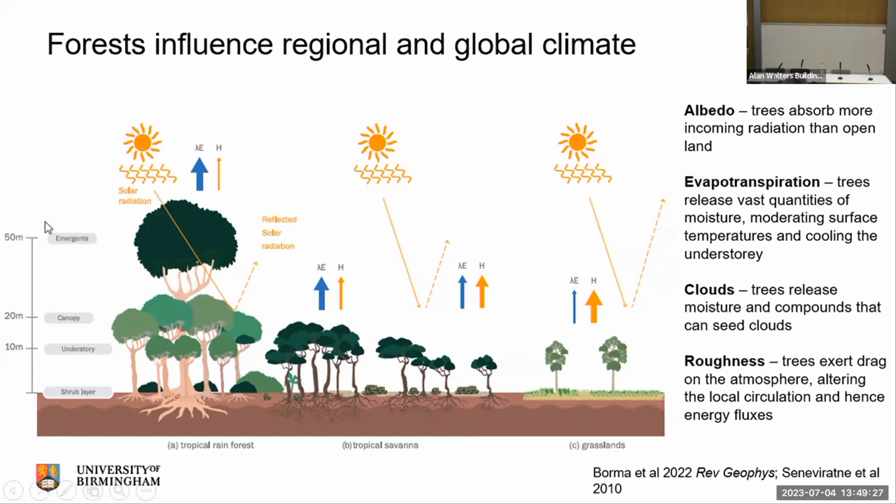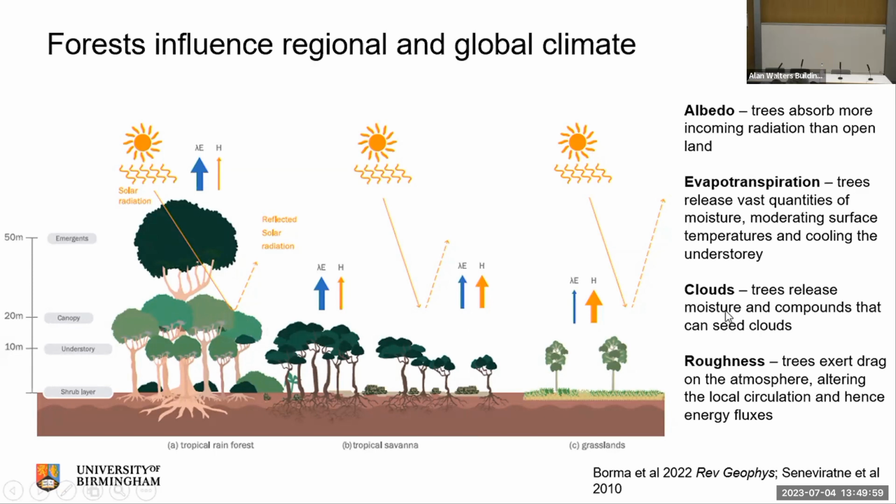That's going to depend quite strongly on how dense the vegetation is, whether it's forest or here savanna or more open land. The difference between the open and the forested surfaces is also going to have a huge influence on the moisture fluxes into the atmosphere, so evapotranspiration, and that will have an impact on the local conditions through the partitioning of latent and sensible heat, the air conditioning effect effectively.